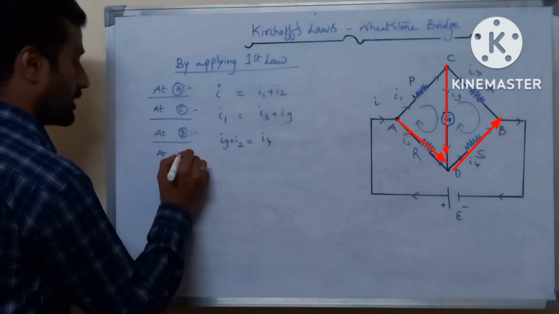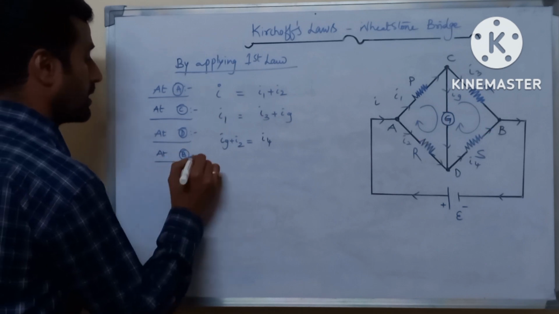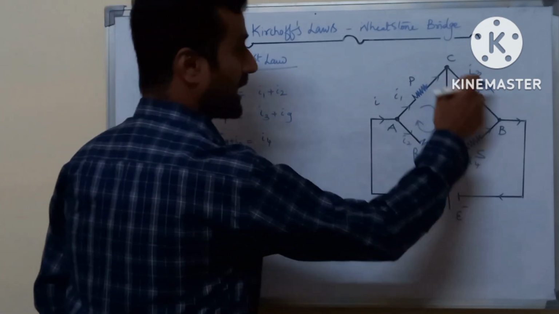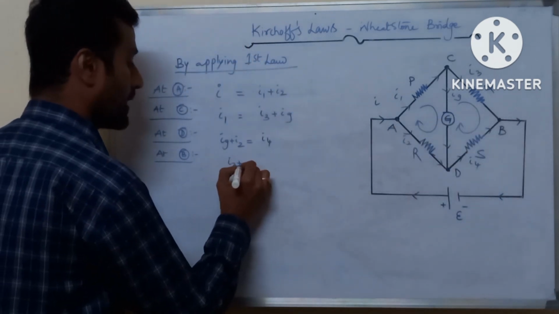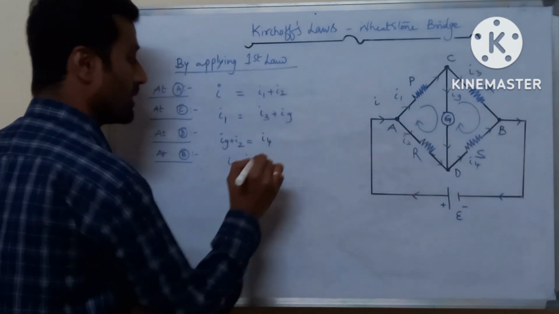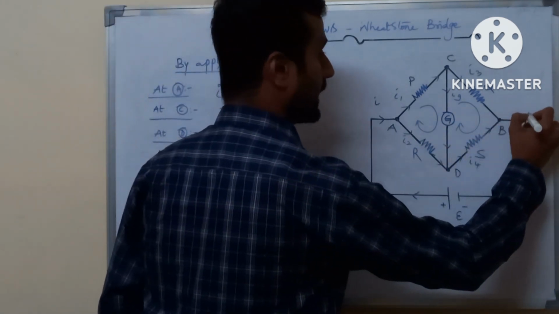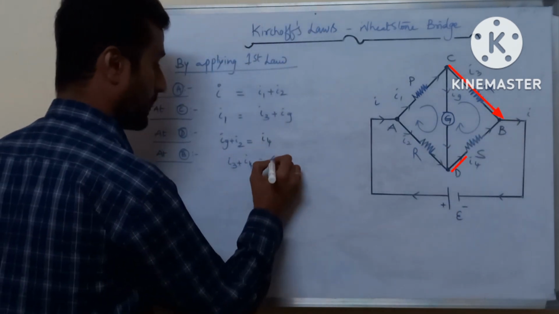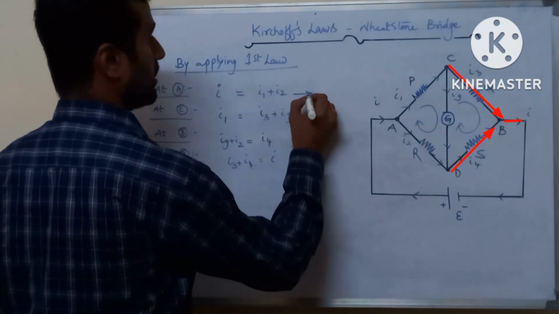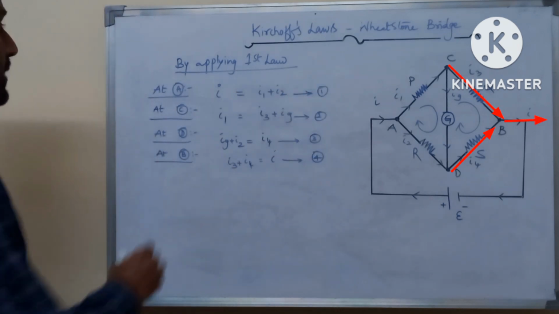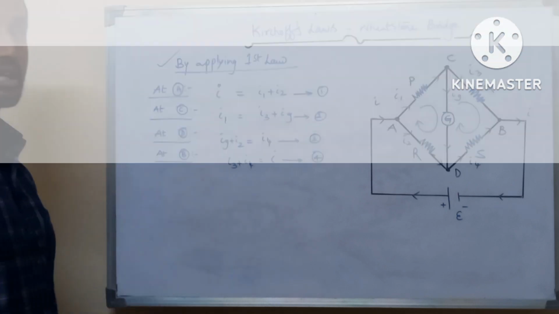Finally, at B, the sum of the currents entering the junction, I3 plus I4, is equal to the main current I. These are the four equations which we get by applying Kirchhoff's first law.